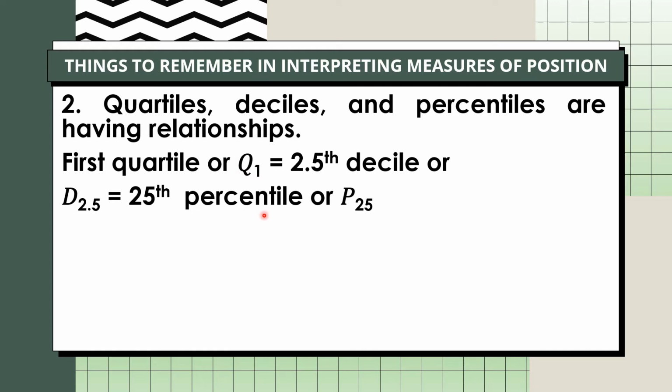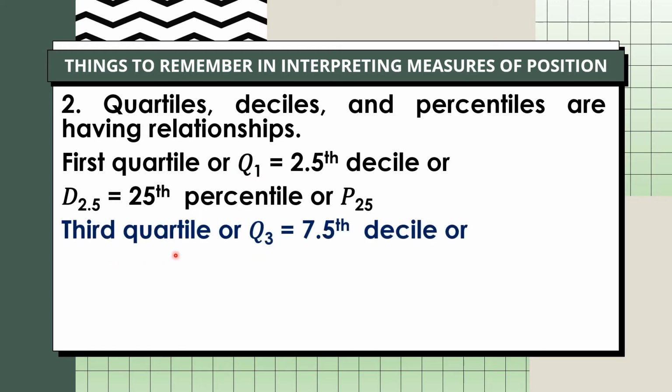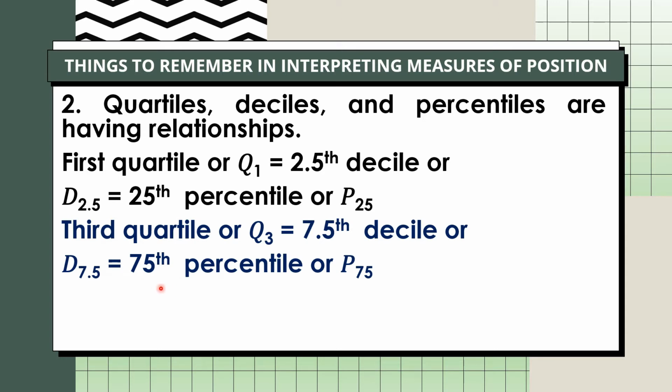So, pwede tayo mag-convert. Another, yung third quartile natin or quartile 3, is equal to 7.5 decile, or yung 7.5 decile natin is the same with 75th percentile or P sub 75, or yung P sub 75 natin is the same with our third quartile.